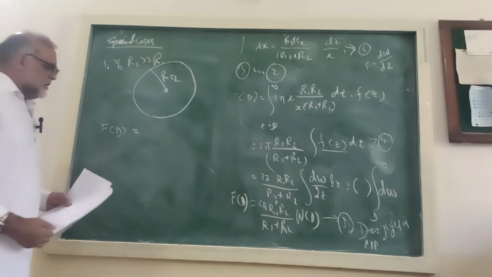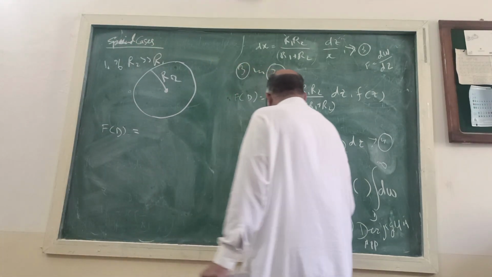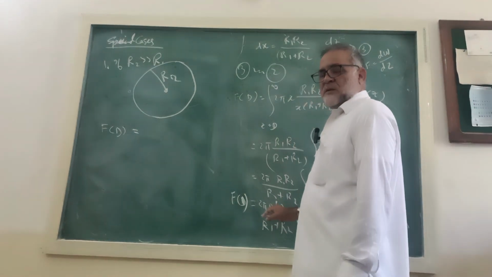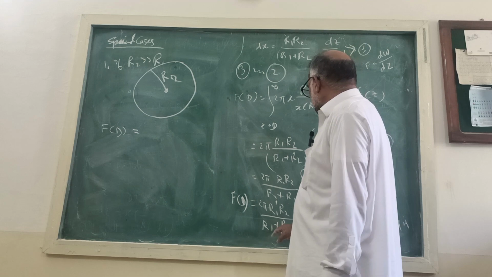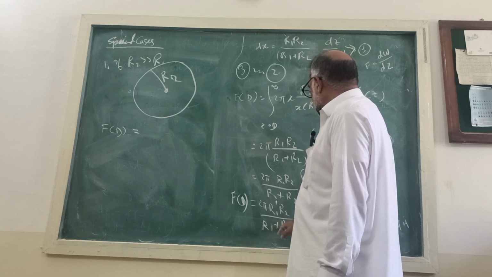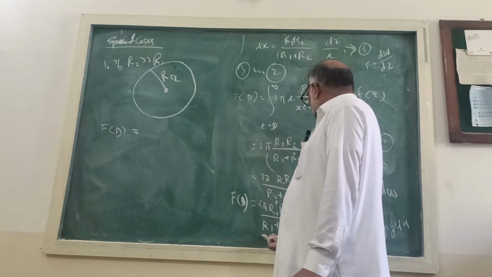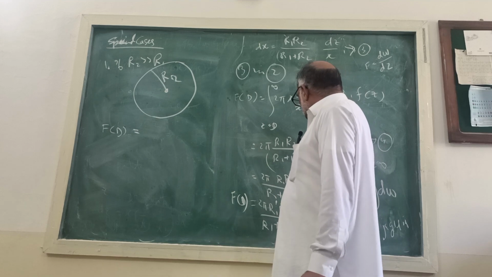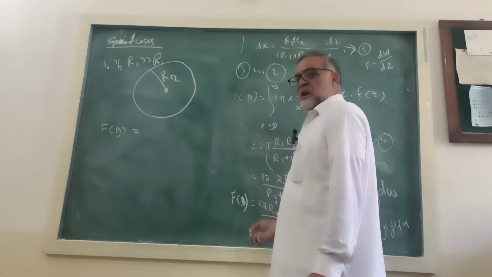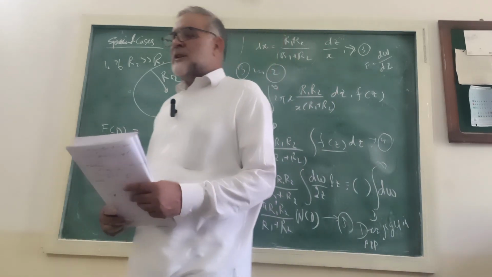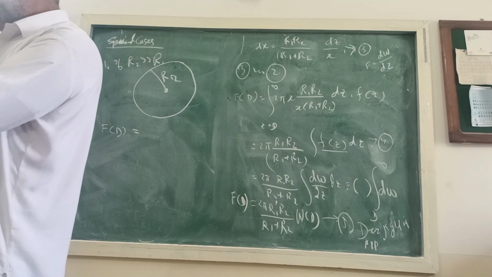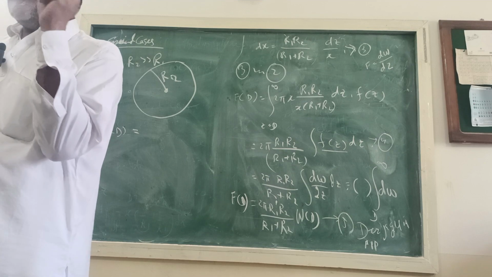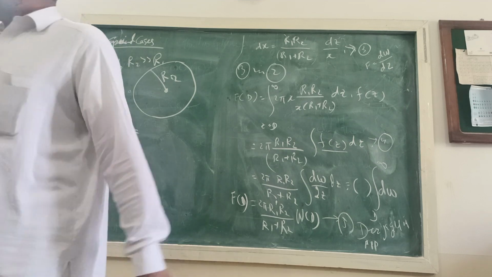R2 is very greater than R1, so what is the dominating factor? The radius of the small particle, the small particle size.